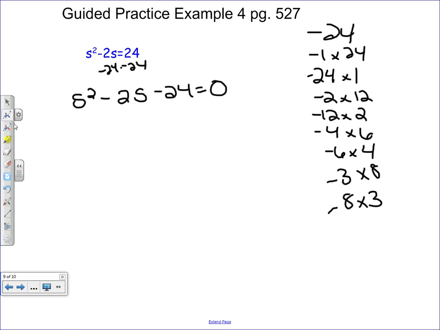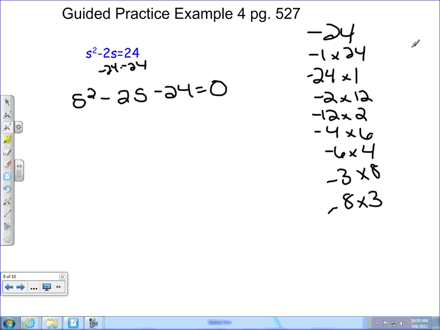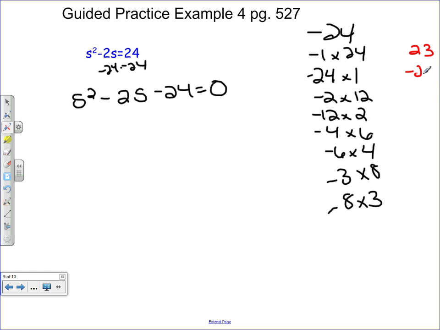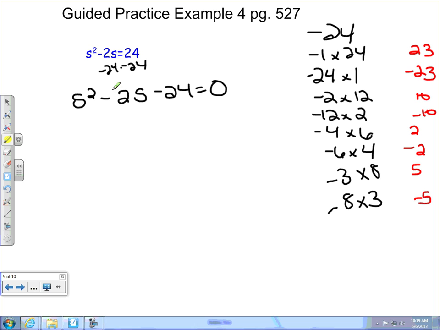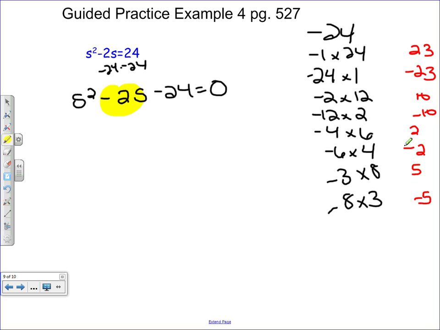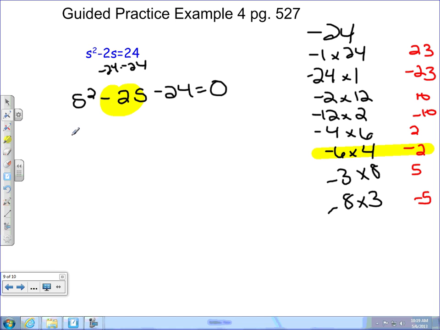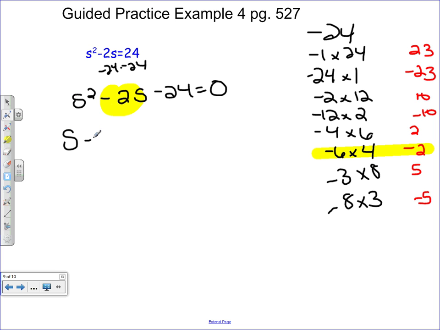So if we start to list our sums over here, we would have 23, negative 23, 10, negative 10, 2, negative 2, 5, and negative 5. We are looking for negative 2. So it appears as though this is the factor pair we want. So it would be s minus 6 times s plus 4. That would give us our middle term of negative 2.